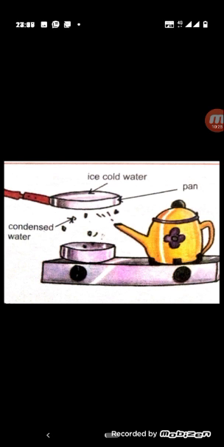Allow the steam to strike the bottom of a pan filled with ice cold water. What do you observe? You will see the water droplets at the bottom of the pan, and you can even collect them in a bowl. The process of conversion of water vapor into liquid form is called condensation.